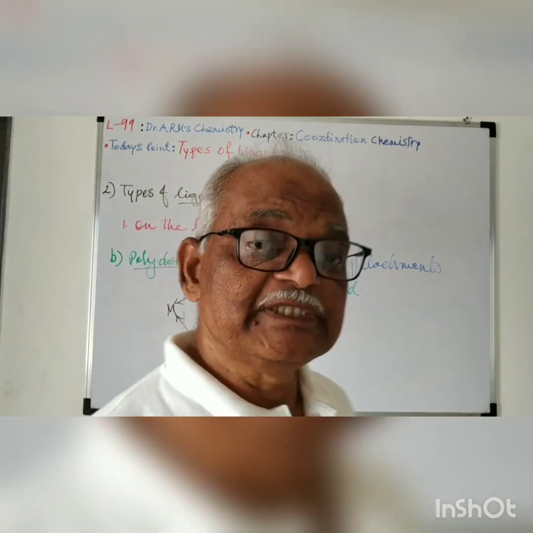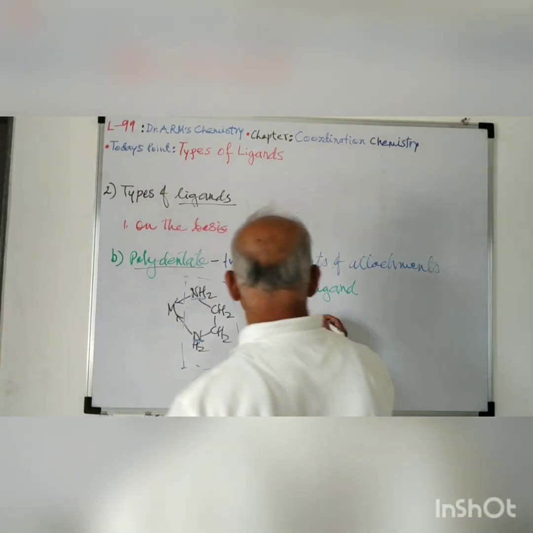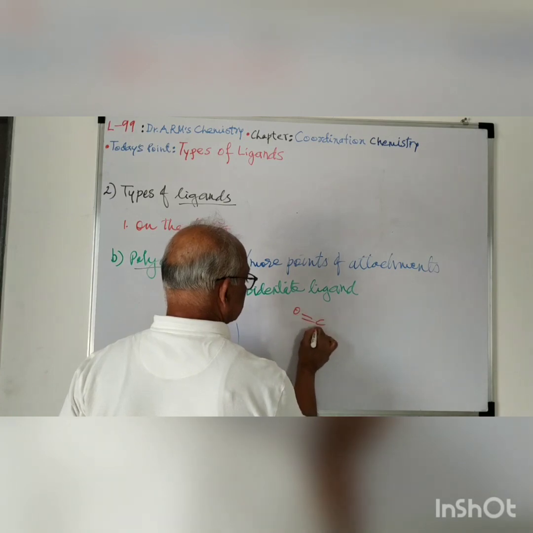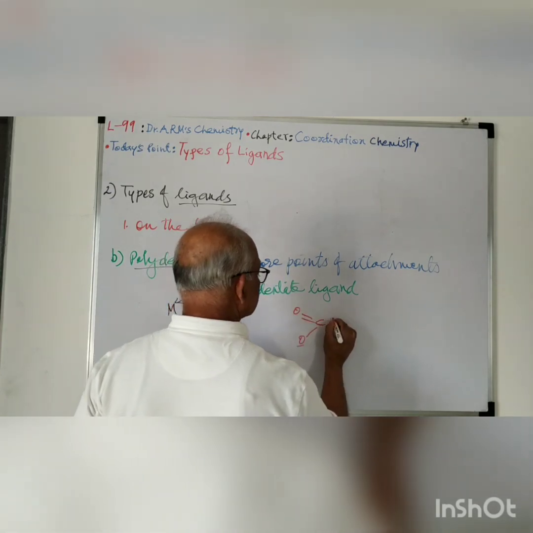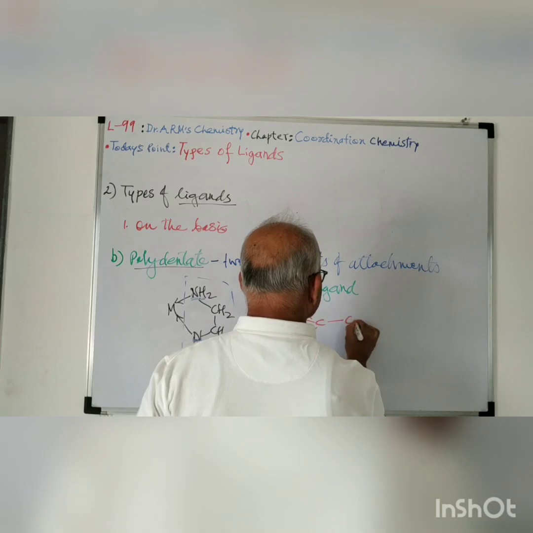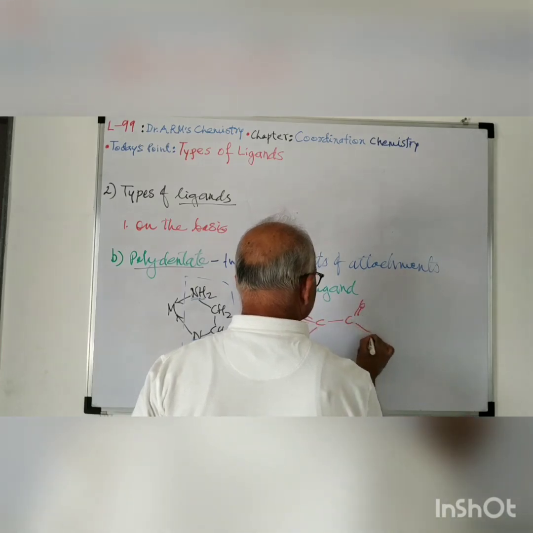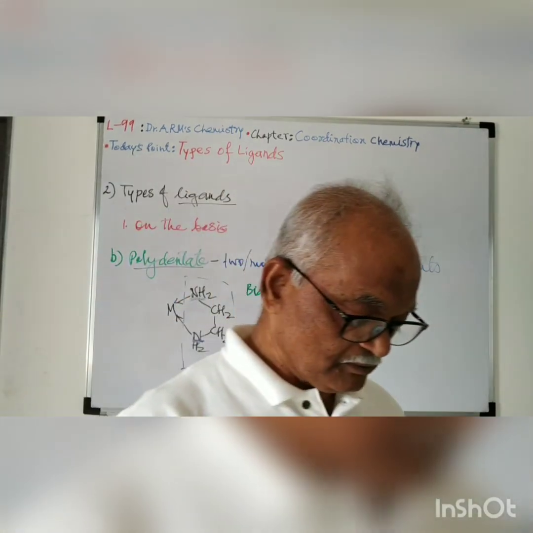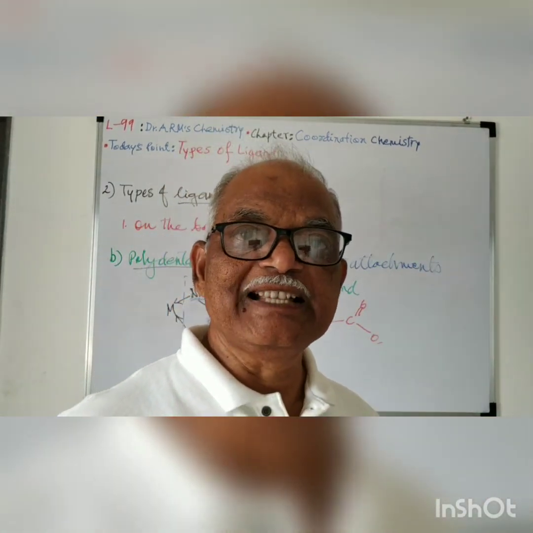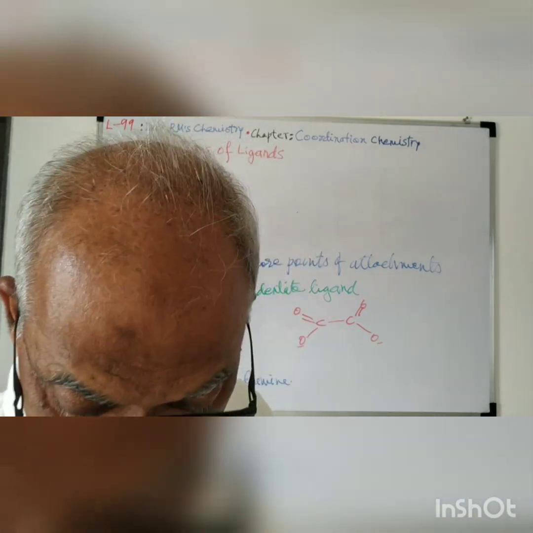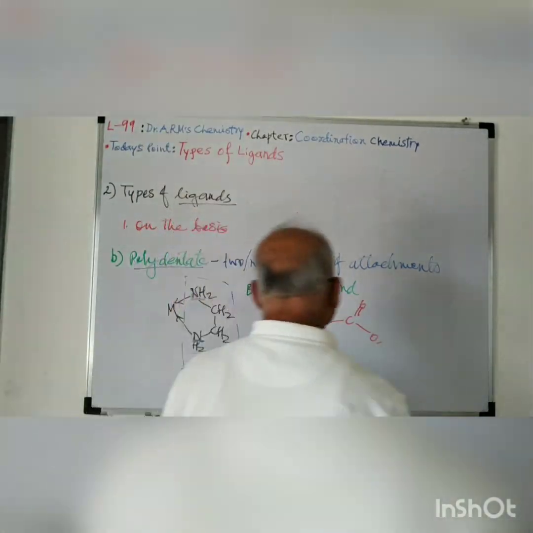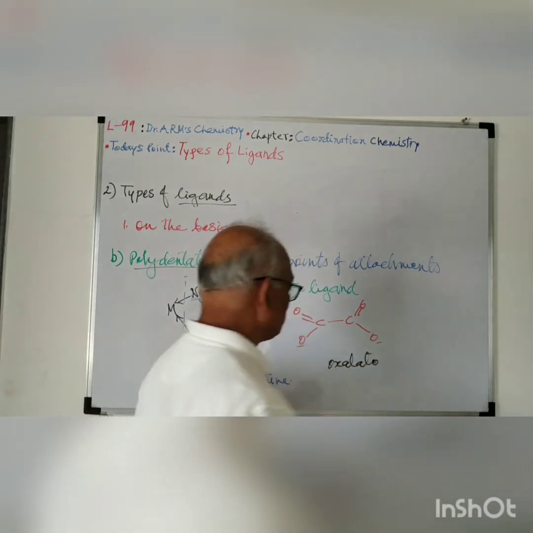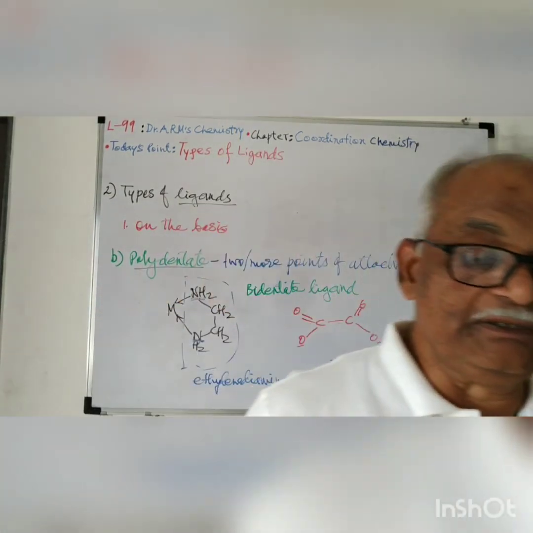Similarly, there are other such bidentate ligands. For example, this is oxalate. It is obtained from oxalic acid, and it is called the oxalate ligand.